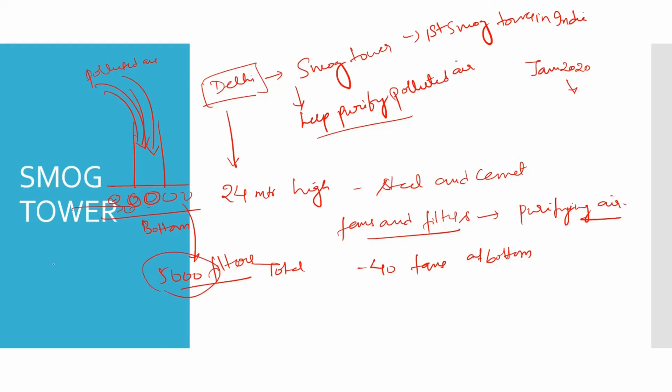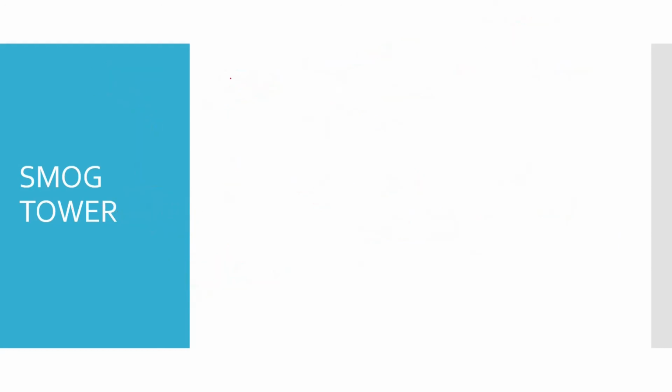Now if you see how much air it is able to purify, it can influence up to more than 1 kilometer in the downwind direction. Now, which kind of air will it be? The pollution may be because of any reason.